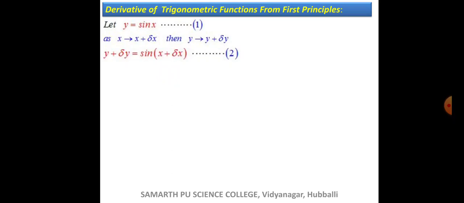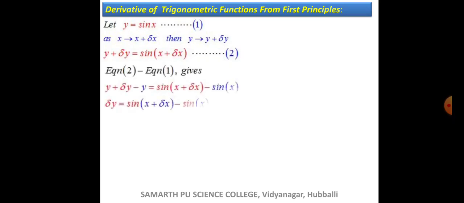Same procedure, equation 2 minus equation 1 gives, on the LHS, y plus delta y minus y equal to sin of x plus delta x minus sin x. Here plus y minus y get cancelled, we remain with only delta y on the LHS equal to sin of x plus delta x minus sin x.